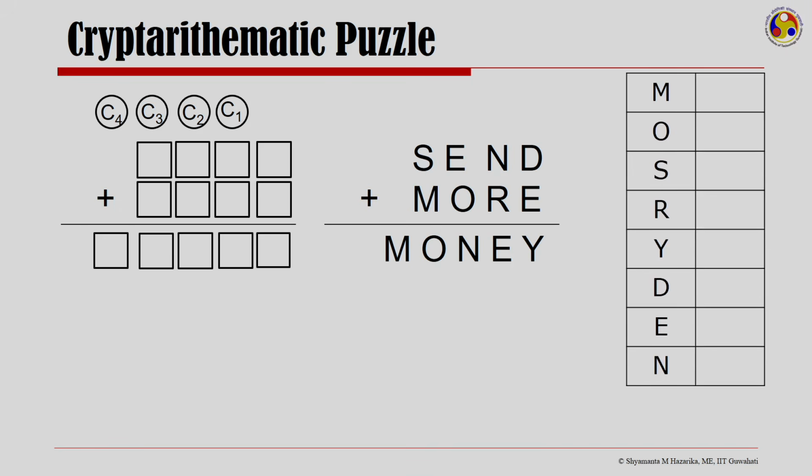And we create a placeholder table where the guesses for the 8 variables M, O, S, R, Y, D, E, N that I have to identify are to be recorded.